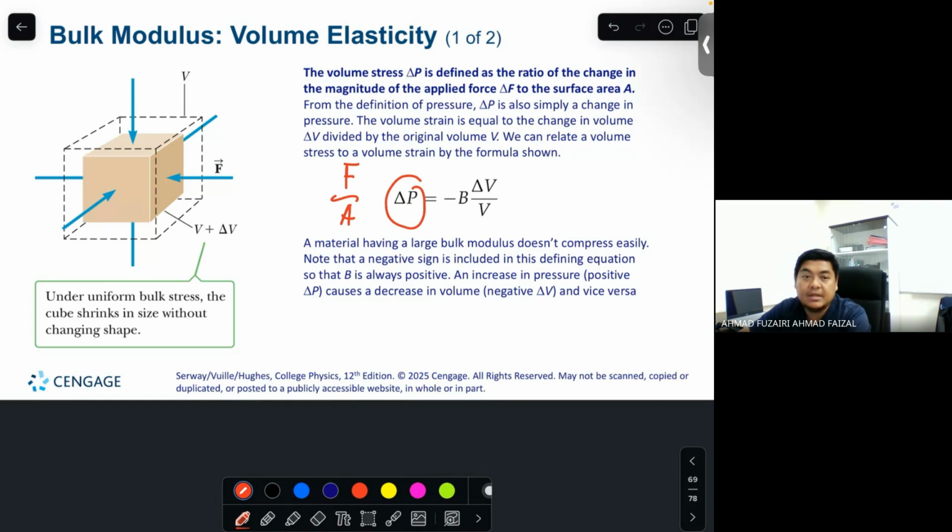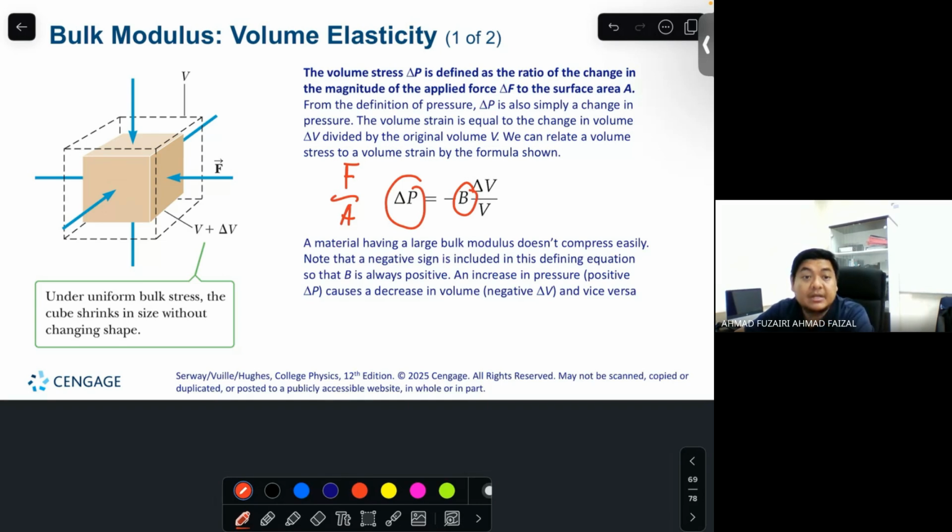So we can relate a volume stress to a volume strain by the formula delta P equals negative B times delta V over V. A material having a large bulk modulus doesn't compress easily.